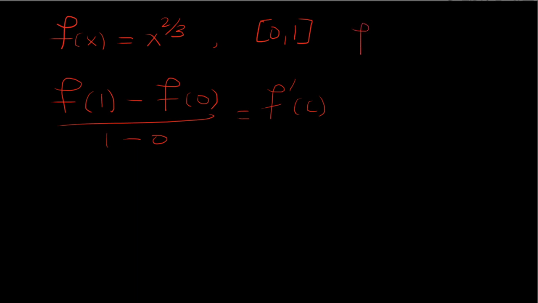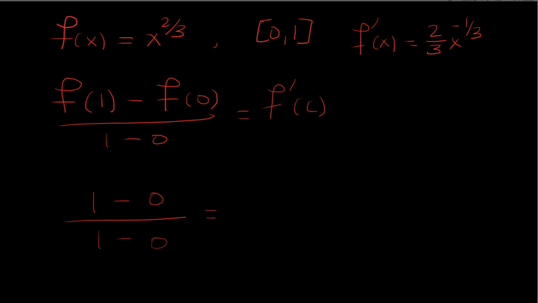Now the derivative, we'll just use the power rule, bring down the exponent, and subtract 1. So now we're plugging in x equals 1 back to f of x. That's 1 to the 2/3, which is 1. And then 0 to the 2/3 is 0, over 1 minus 0.